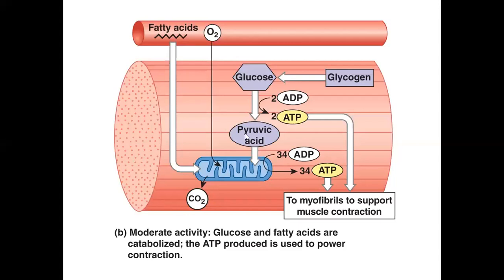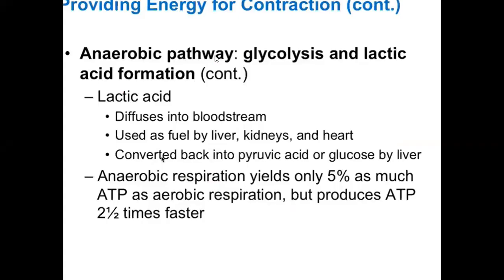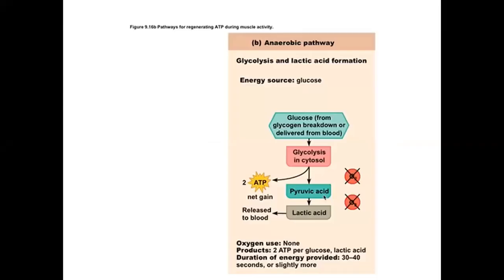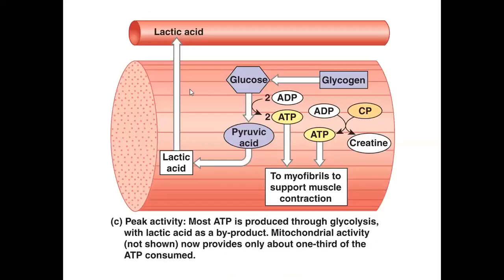Now, when you require a burst of energy, you don't even have enough oxygen. What you'll end up doing, you'll have cut off the oxygen, you'll have cut off the glucose. So now, where are we getting our energy from?